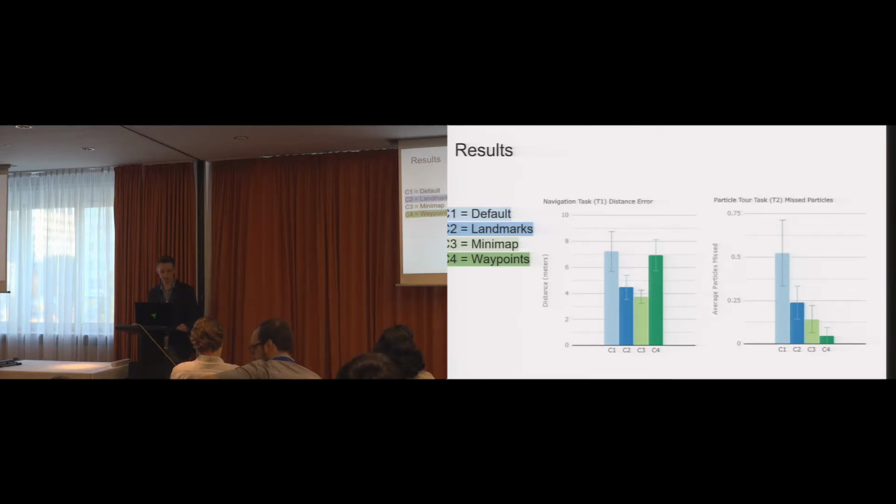And you can see here that in general, all of the techniques are better than nothing at all, with the exception of waypoints for the navigation task. It turns out that waypoints are not in fact useful for navigating the environment when you can't see the original waypoint you placed. So that was a common issue with that technique.